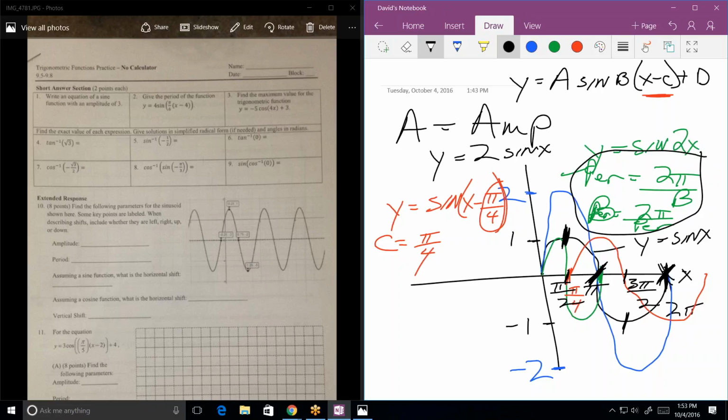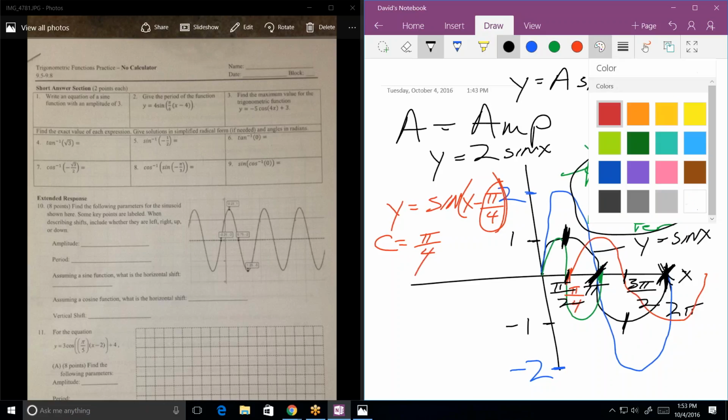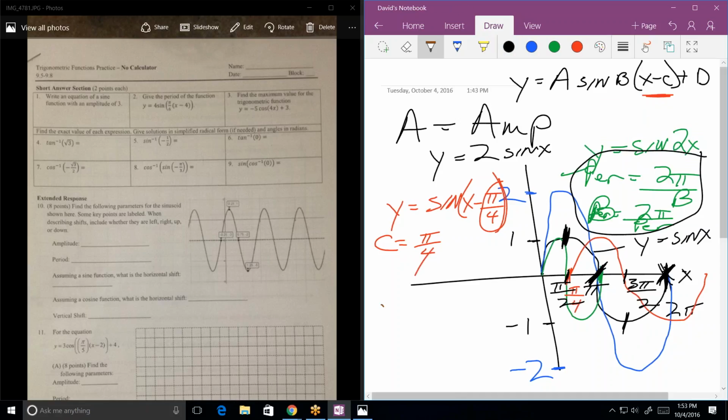Okay? Now, there's one other thing that can be done, and let me just address this. Let me use a different color. Let me use brown. If I had y equals sine x plus 2, what kind of translation is that?